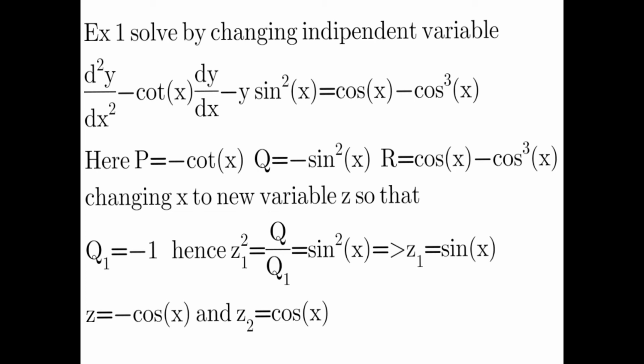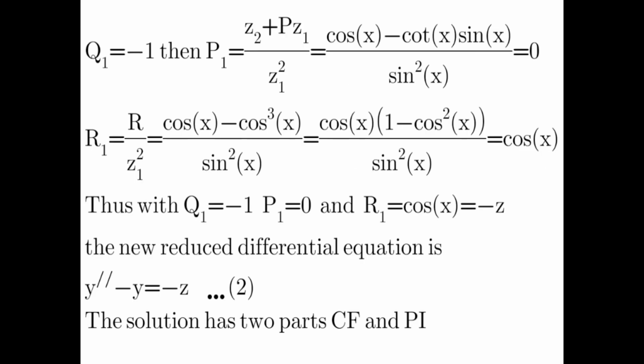So when you have z1, that is dz by dx, dz by dx is equal to sin x, z is equal to minus cos x, and z2 is equal to cos x, that is d square z divided by dx square is cos x. With these values, q1 is equal to minus 1, z2 is equal to cos x, z1 is equal to sin x.